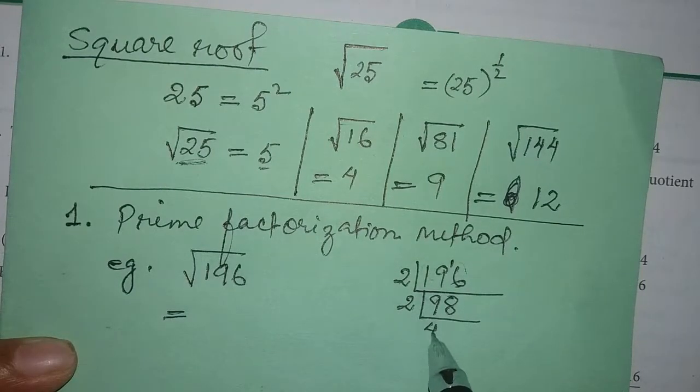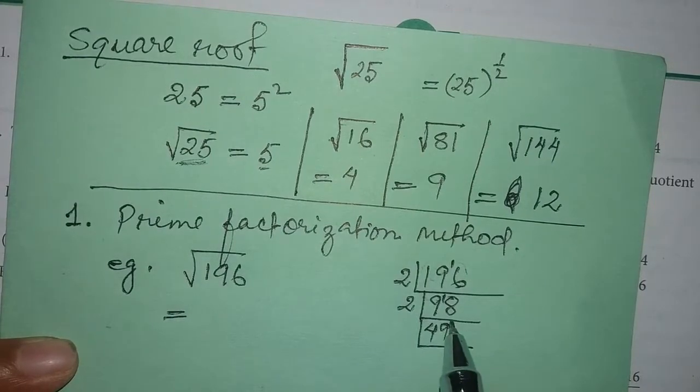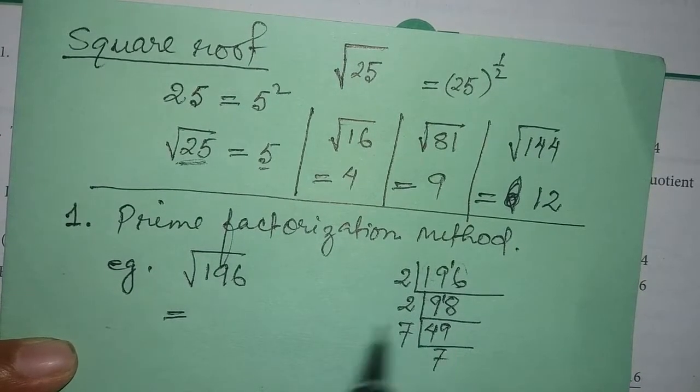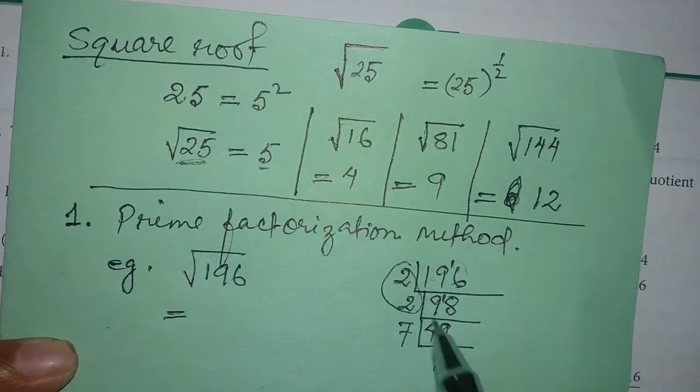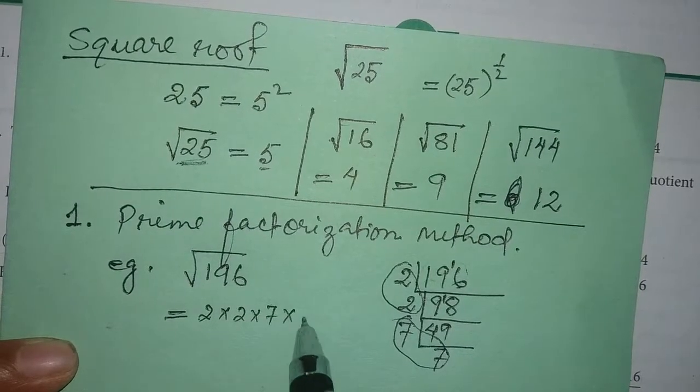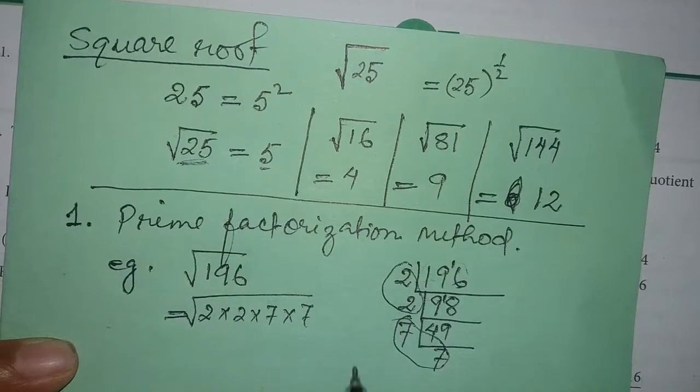So 2 4s are 8, 1 remainder here. Now this becomes 18, so 2 9s are 18. Now this 49 we can write 7 7s are 49. So we have here 2 into 2 into 7 into 7. Now this is under the square root.